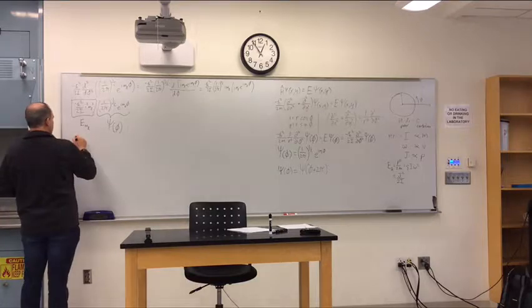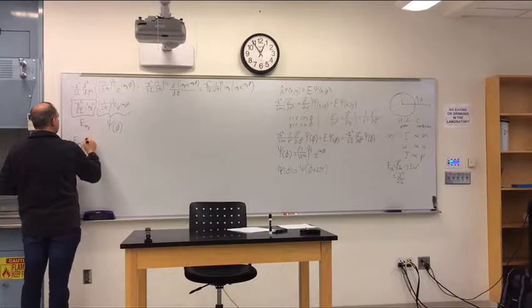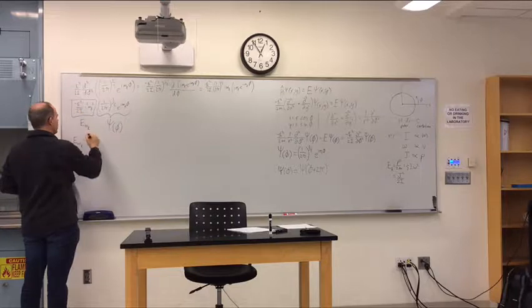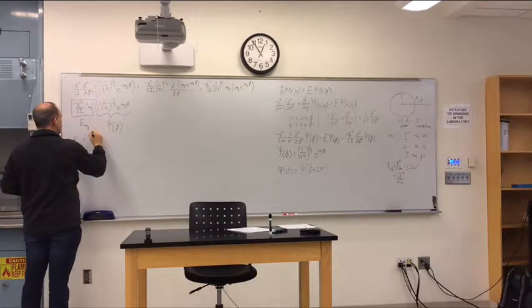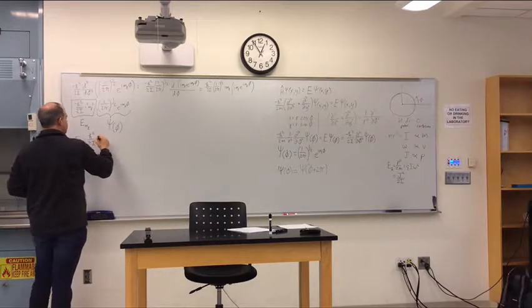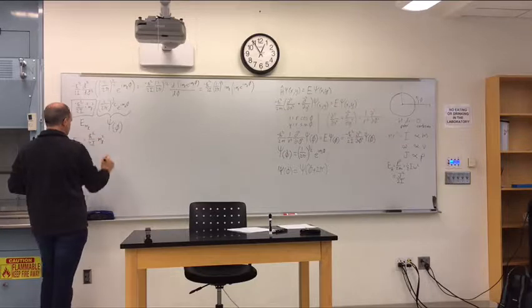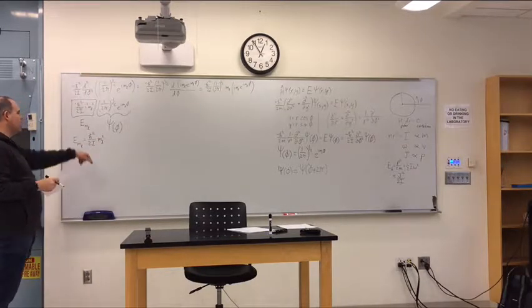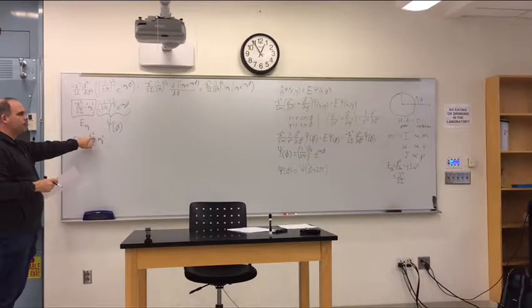So E, the energy for a particular m l value, is equal to h bar squared over 2I times m l squared. In the book I think the m l is up top here.